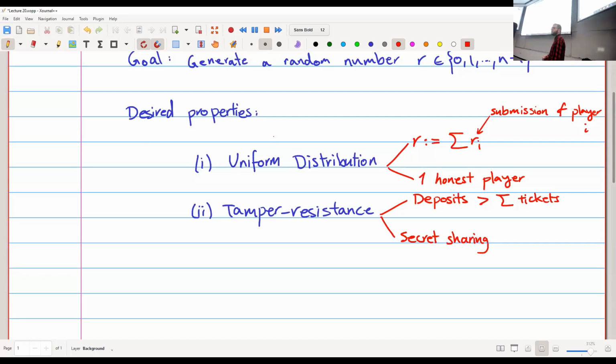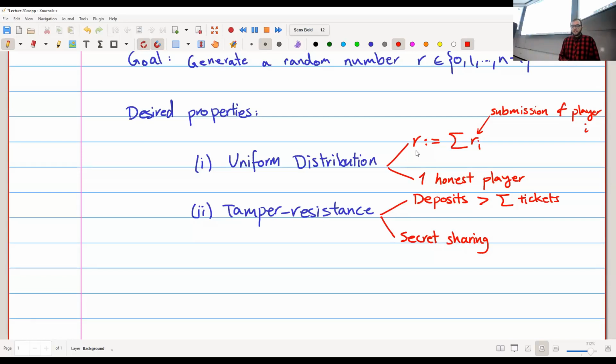Even if you don't reveal, others will find your value of RI, your secret value. And when they find it, they will use it. So the R value here, the final random value, will be computed anyway, and you cannot change it. But of course, if you don't reveal, then you will be penalized. So there's also no incentive in the secret sharing scheme to do something dishonest. So in practice, everyone would actually reveal.